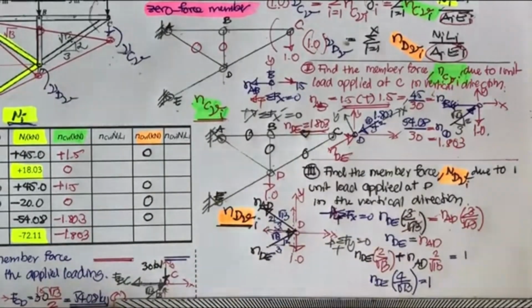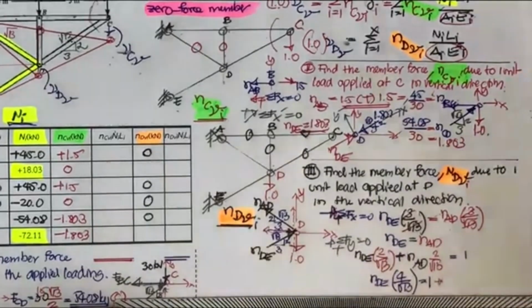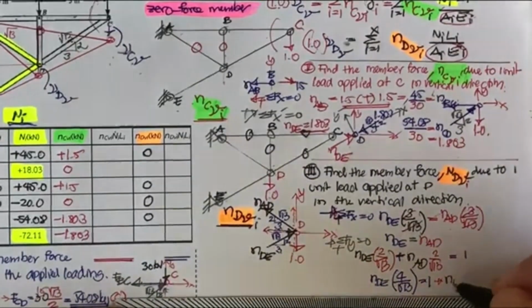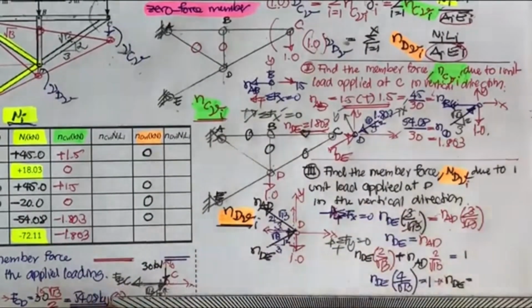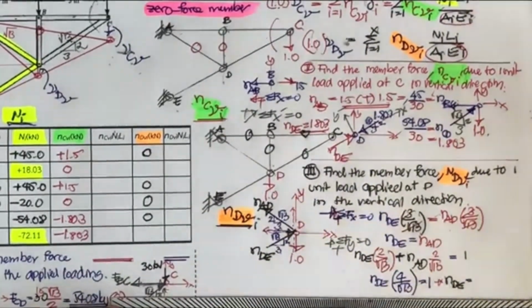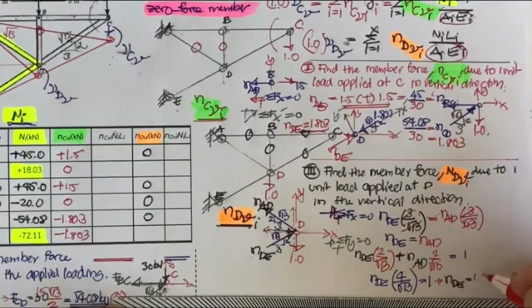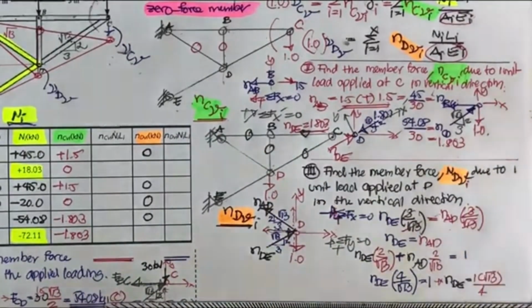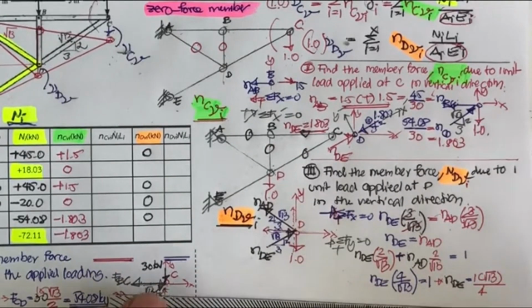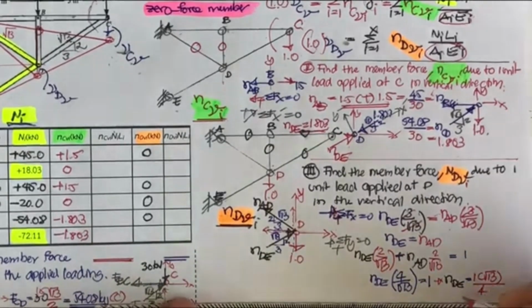Then N sub DE is equal to 1 times square root 13 divided by 4, which is 0.9014.